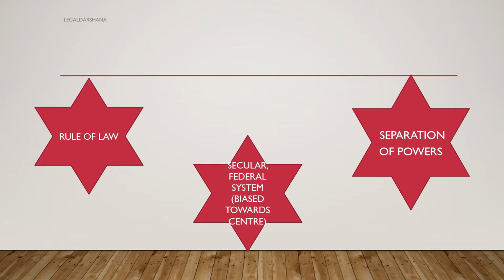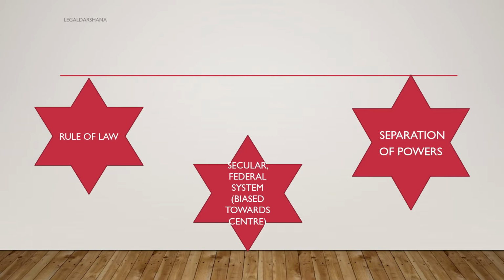Another feature we are going to discuss is the rule of law. The Indian Constitution and Indian democracy are based on the principle of rule of law, where whatever the law says must be followed by everyone, be it the people of the country, the government or the executives. The Indian Constitution supports secularism and a federal system, however, the federation is biased towards the center.